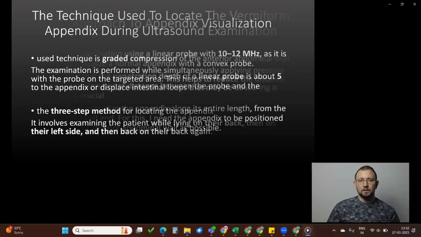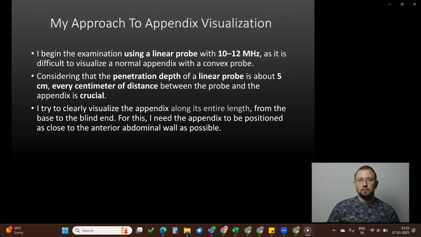I begin the examination using a linear probe of 10-12 MHz, as it's difficult to visualize a normal appendix with a convex probe. Considering that the penetration depth of the linear probe is about 5 centimeters, every centimeter of distance between the probe and the appendix is crucial.